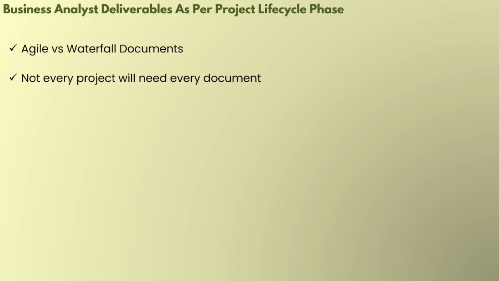In agile projects, documentation is lighter and more flexible, focusing on user stories and product backlogs that evolve continuously. Whereas in waterfall, projects require more detailed and formal documentation like BRDs and FRDs upfront, since everything is planned in advance. So the type and amount of documentation really depends on the project approach.